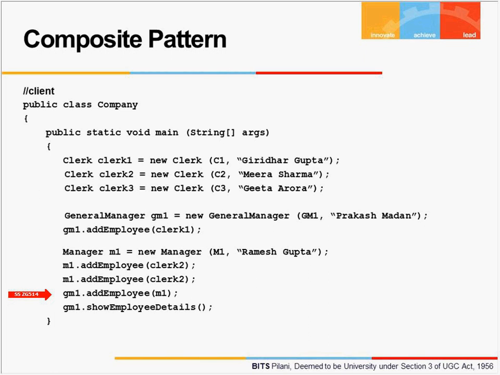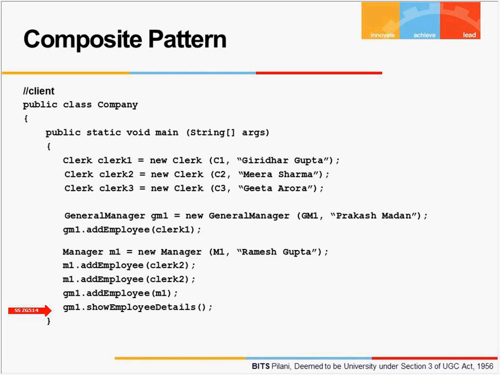So the entire composite tree is created, and then you invoke GM1 dot show employee details, right? It will access and display the details of all the composite objects as well. You can even invoke M1 dot show employee details, so it will display the details of M1 and everything it is composed of.